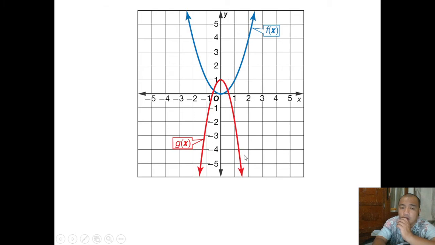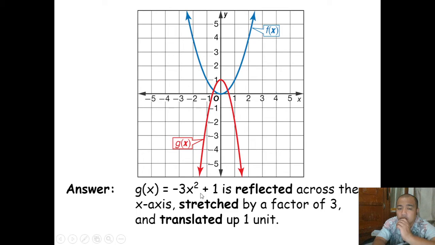Narrower. There will be a reflection, and it will move up 1 unit. So g of x equals negative 3x squared is reflected across the x-axis, stretched by a factor of 3, meaning a little bit narrower, and is translated up 1 unit because of plus 1.